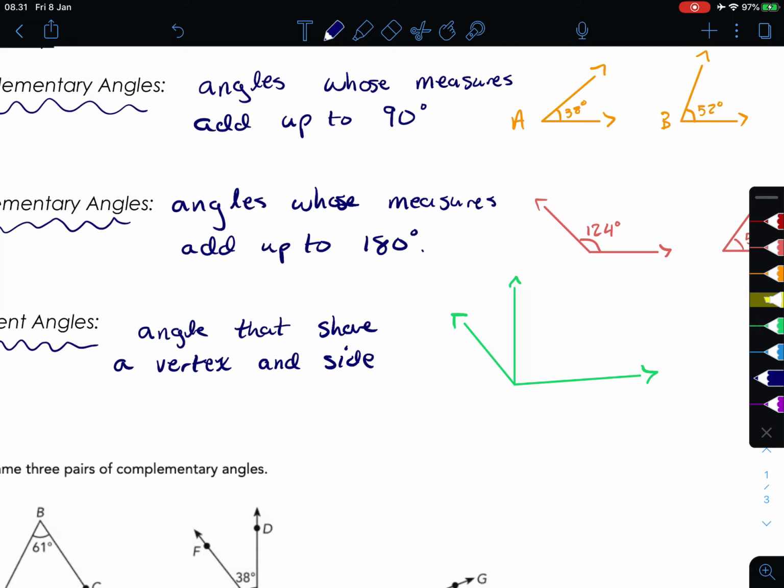These are adjacent angles right here, this guy and this guy. Those are adjacent angles because they share a common vertex right there, and they also share this common side.